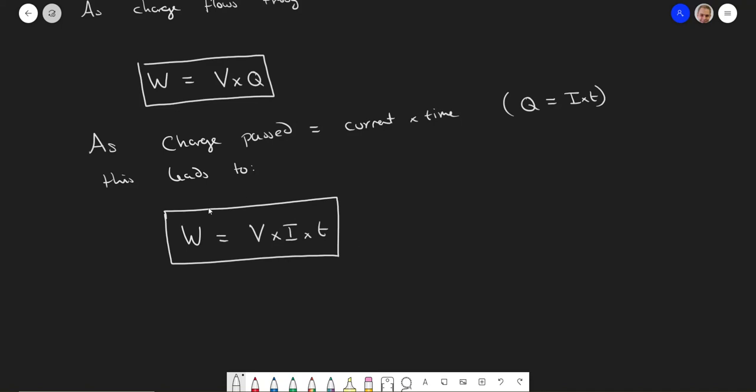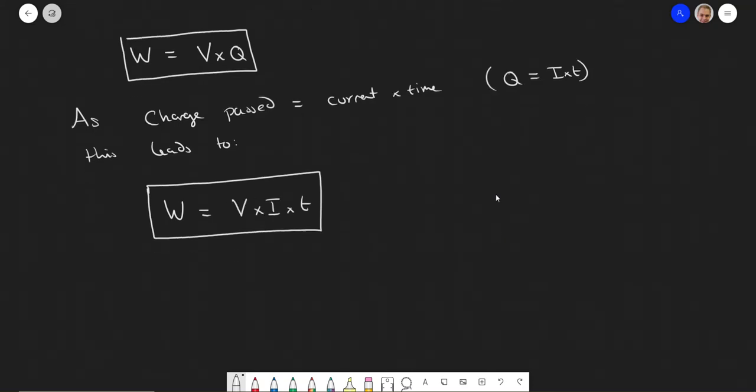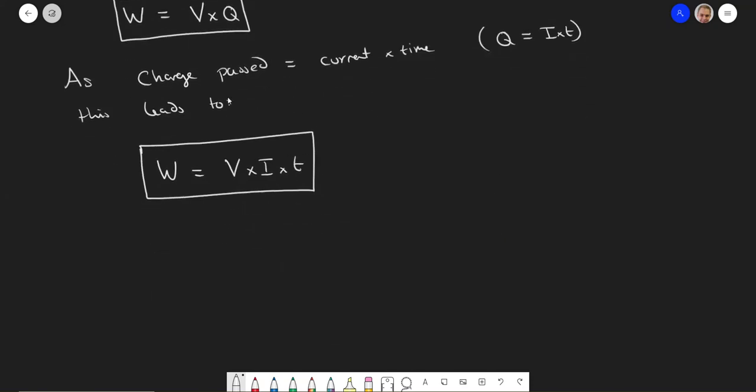Now this is a much more useful equation than the last one. Why in a circuit? Because current in a circuit is going to remain pretty constant, and the potential difference at various points should remain pretty constant. So time is your only variable that's going to change a lot. But it also allows us to define power, as power is equal to work over time.